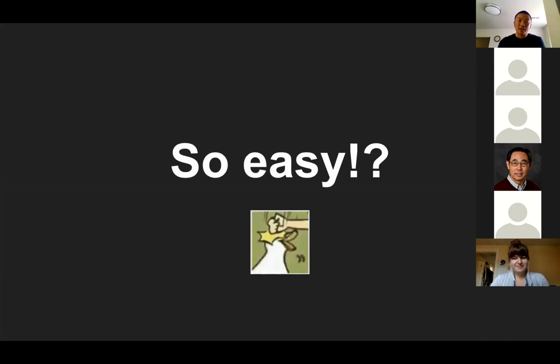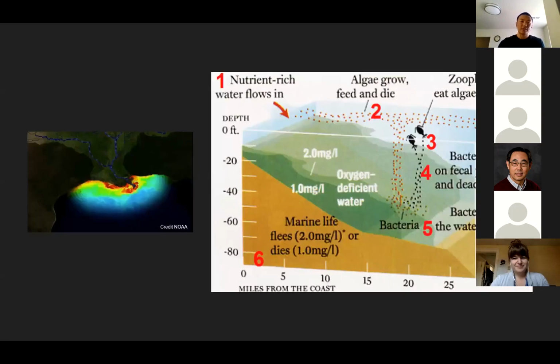When I really started the project, I kind of let reality punch me in the face. There are so many difficulties. First, there is a very complicated process. The nitrogen flows down to the Gulf of Mexico area, and it takes time. Then because the nutrient-rich water flows in, the algae begin to grow.